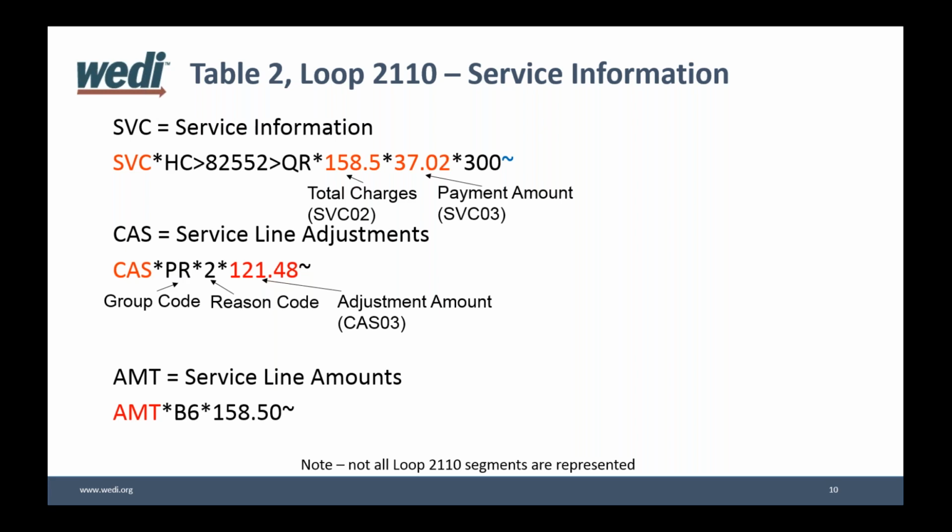So if the patient responsibility is here at a service line level, you will not see it at the claim level, and vice versa. The AMT segment can also be reported at the service line level. And again, this would probably be the allowed amount, as in this example, B6 is the allowed amount. Next slide.